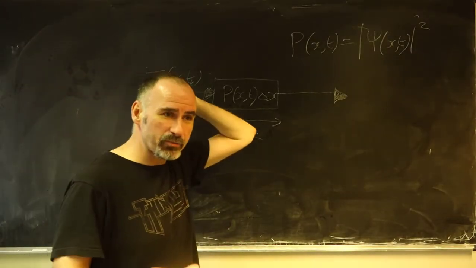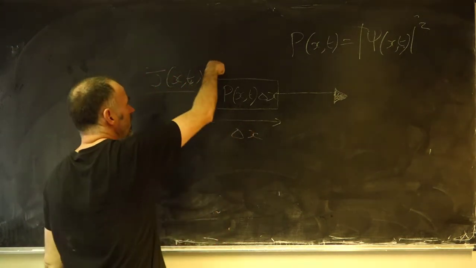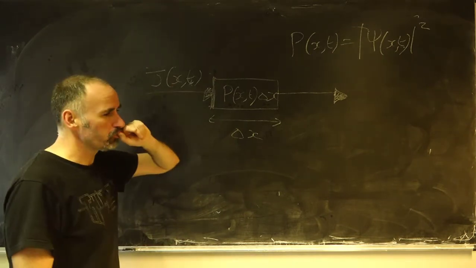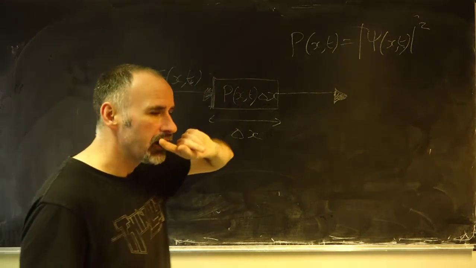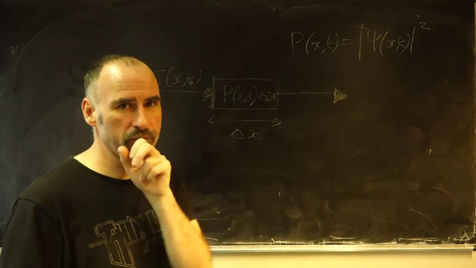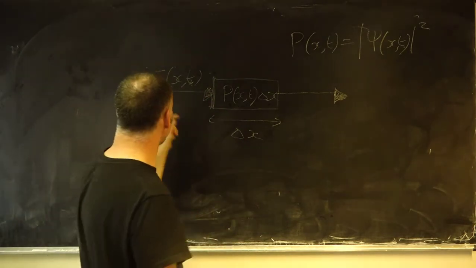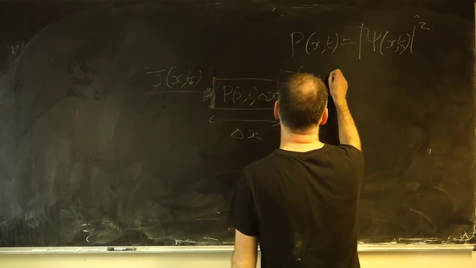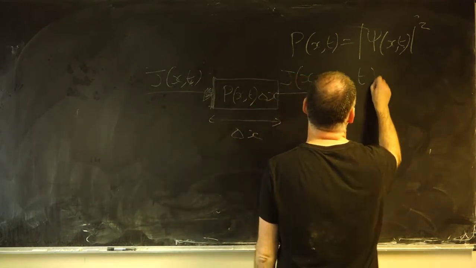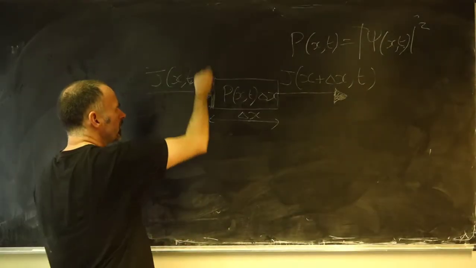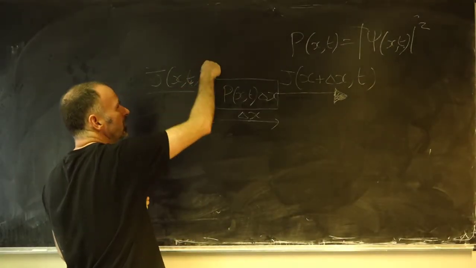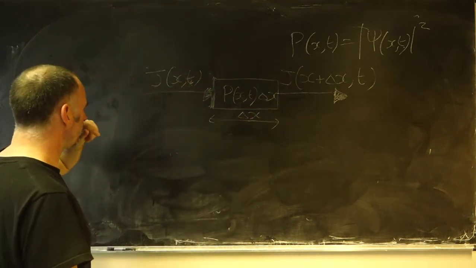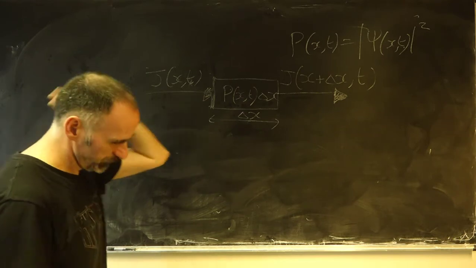It's the net probability that a particle will pass, if we're defining this point as x, will pass this point x from left to right in a unit interval of time. Similarly, we have a probability current out the other side. This is defining the probability of a particle passing this point, and this is defining the probability of a particle passing this point, going from left to right. So, flow in, flow out.